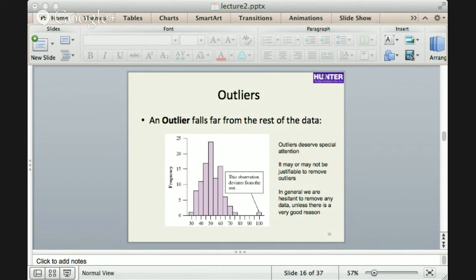And the same thing in the other direction for the left skew. So even if you never plot these, if you just look at, for example, the so-called 5-number summary, that is the mean, median, minimum, maximum, and standard deviation, you can get an idea of whether there's skew in your data set if you get used to looking at those numeric summaries.